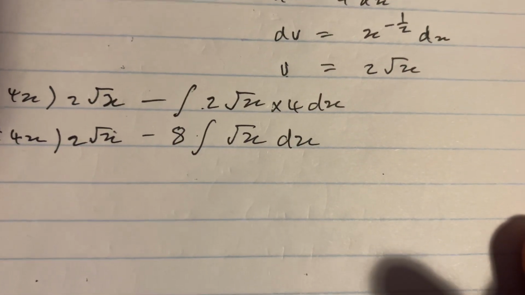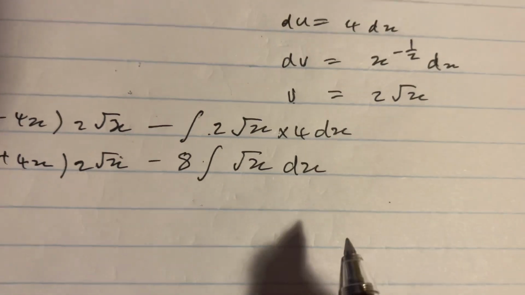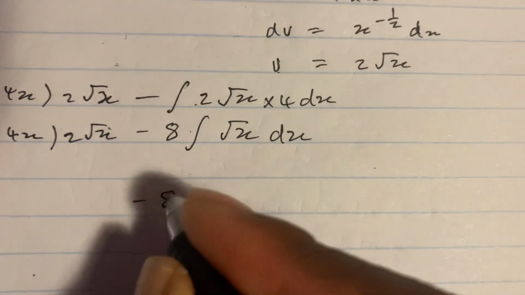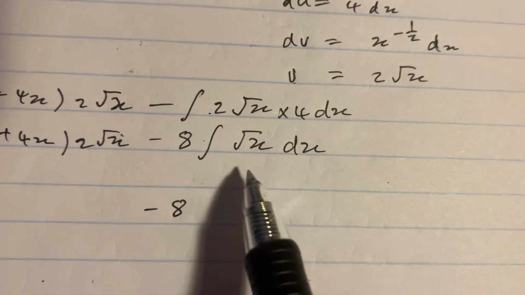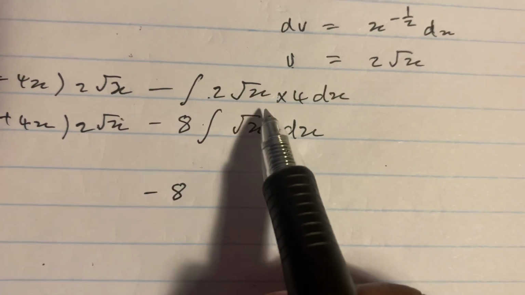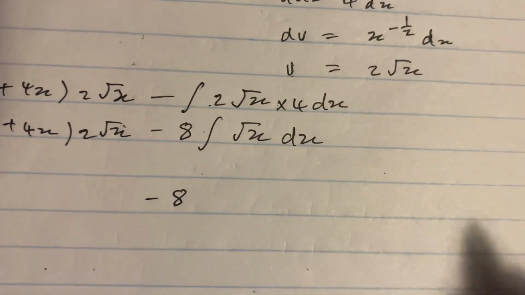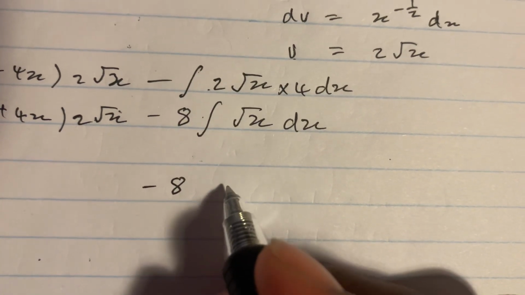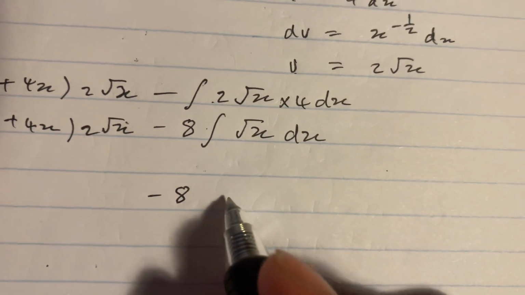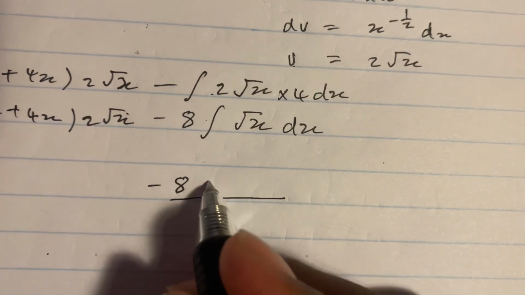Now you just need to integrate the square root of x, and we know that you just add 1 to the half, and then half plus 1 is 1.5.